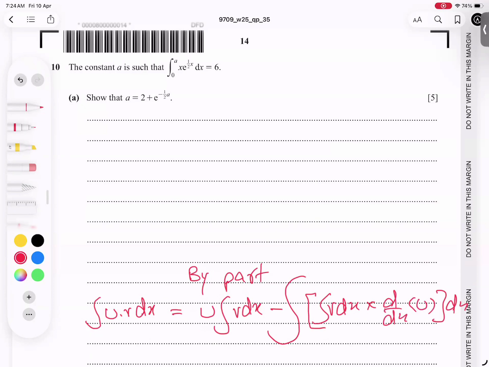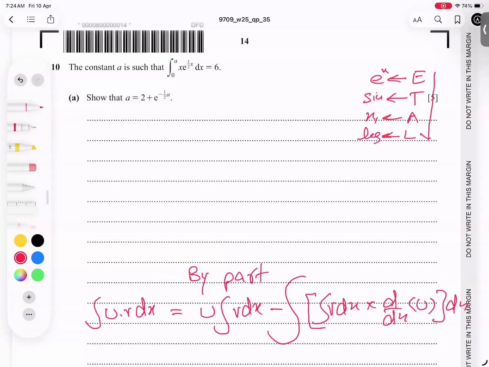I'm going to use it, and according to the LATE property, L-A-T-E: E for exponential, T for trigonometry, A for algebra, L for logarithm.